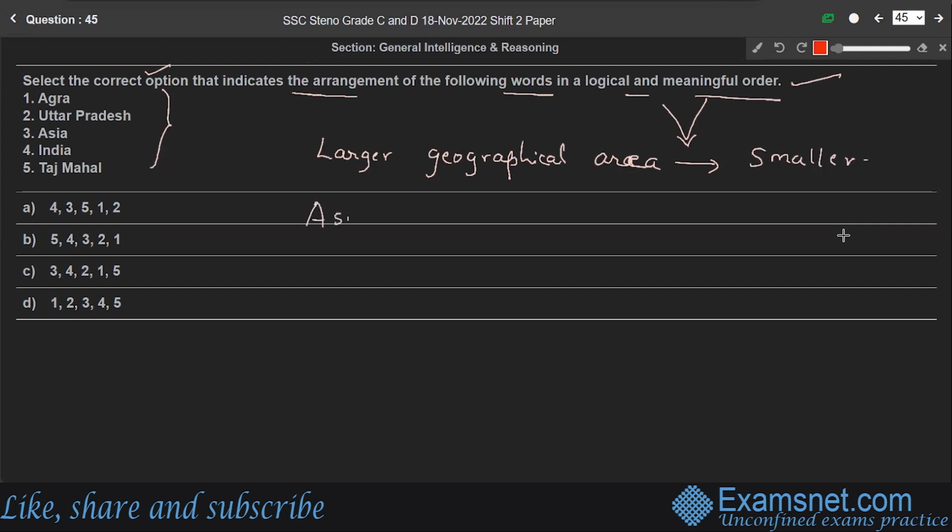Asia is a continent. Next comes India, which is a country in Asia.